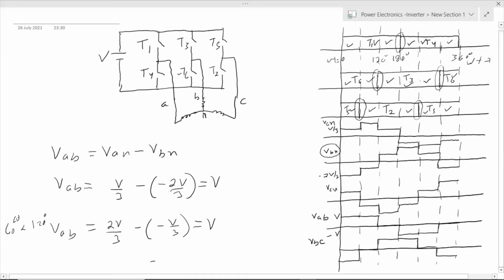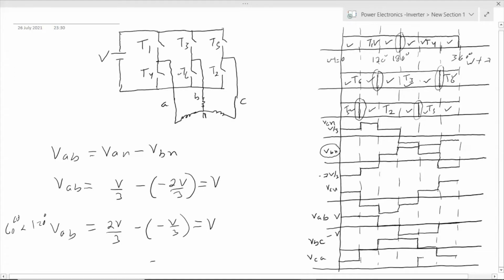And now you can draw for VCB. So there is less space here, VCA. And you can just see that VAB starts from omega t equal to 0 to omega t equal to 120 degree, and then VBC is starting, and when VBC ends, then VCA will start.